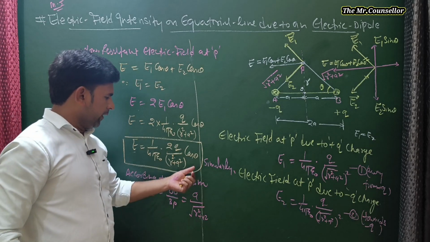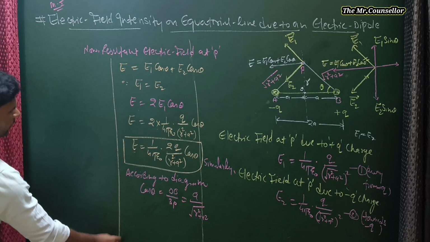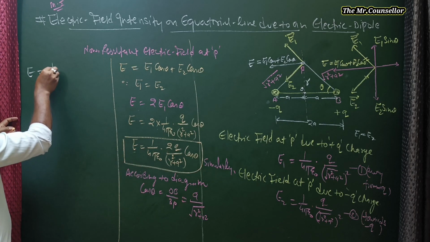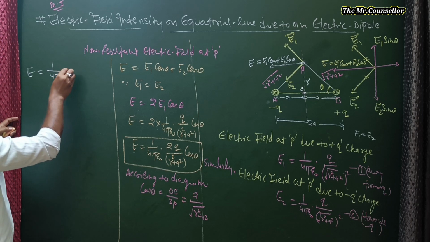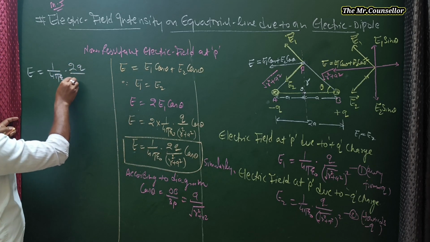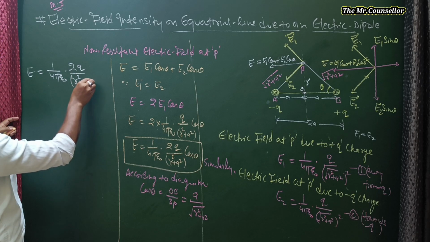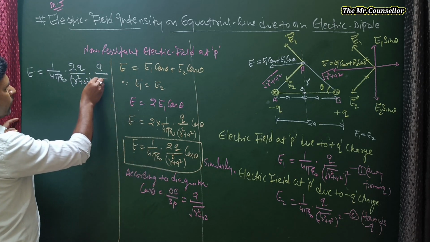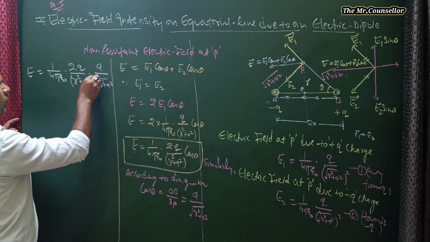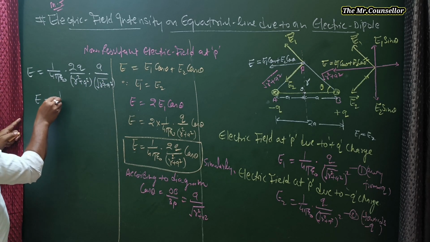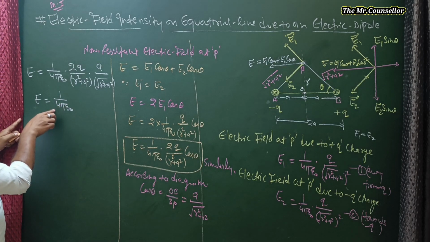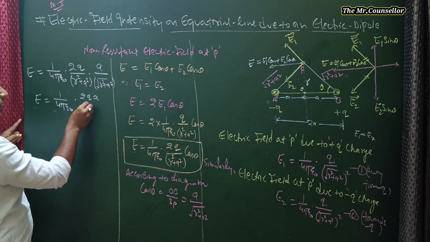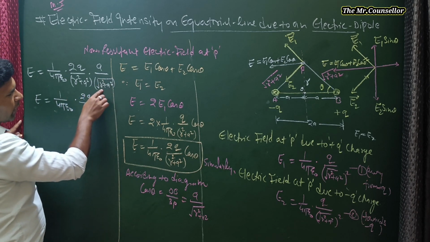Now you can place this value here. So you can write E is equal to 1 upon 4 pi epsilon naught into 2Q upon R square plus A square into A upon root R square plus A square. We can write E is equal to 1 upon 4 pi epsilon naught 2QA divided by root R square plus A square.